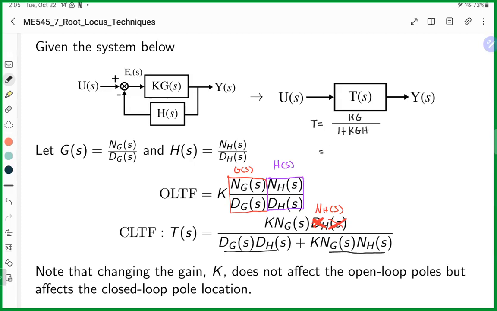Then we expand that, we get NG divided by DG, times NH divided by DH, divided by 1 plus K times NG divided by DG times NH divided by DH. And we want to multiply both the top and bottom by DG DH.